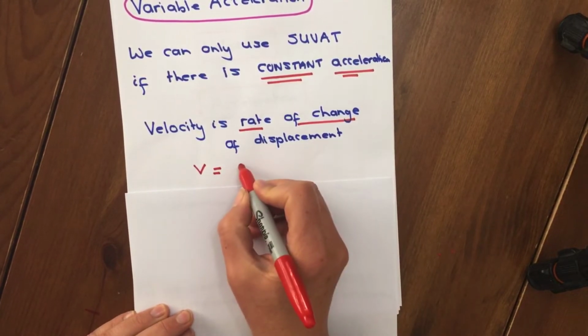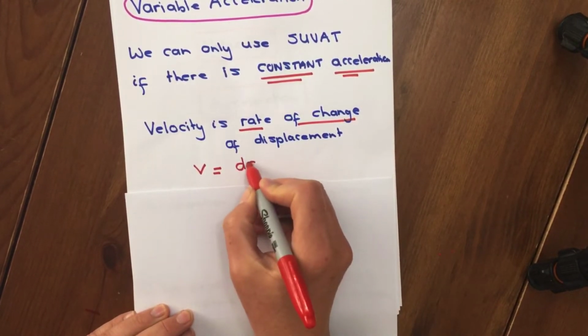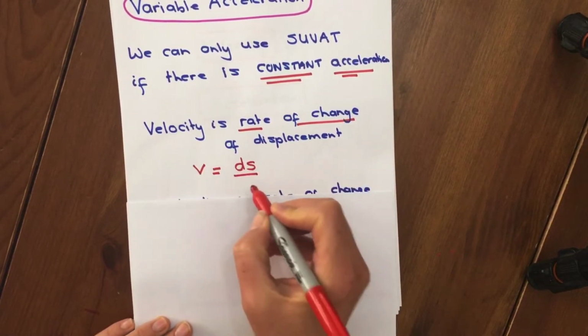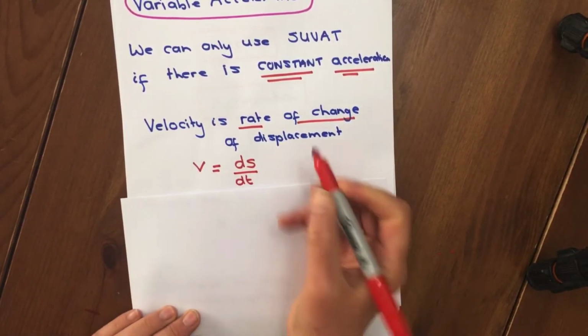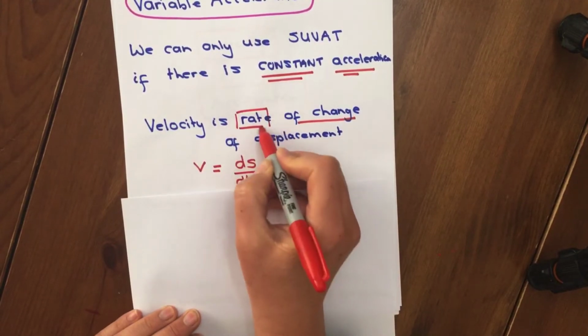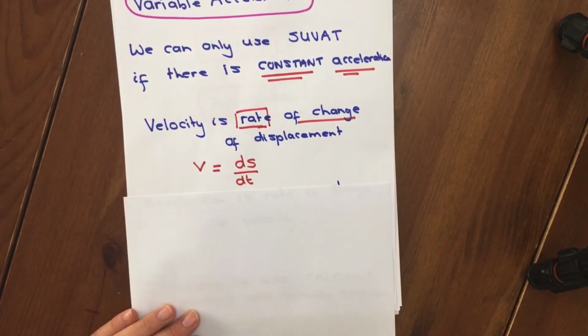Yep, well done. We write it as a differential. So it's ds by dt, the rate of change of displacement with respect to time. The word rate is always to do with time. So very important, write that down please. Velocity is ds by dt.